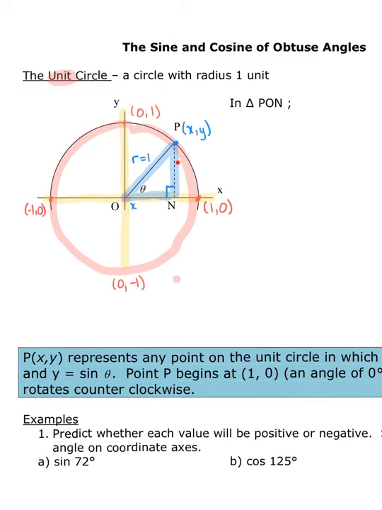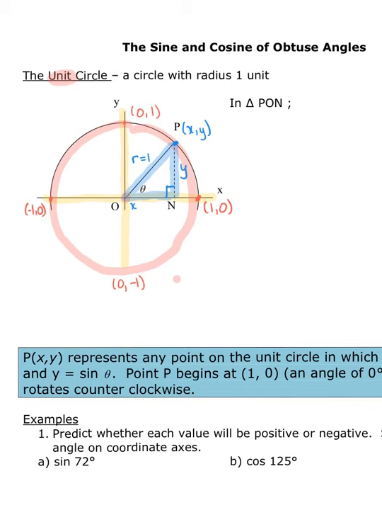The side length that goes parallel to the y-axis up to the point on the circle where the triangle ends, I am going to call y. And remember, this point P has coordinates x, y. So to get to x, we had to go x units over to the right. To get to y, we had to go y units up. So the coordinates just represent the distance you have to move from the origin in the x direction and in the y direction.